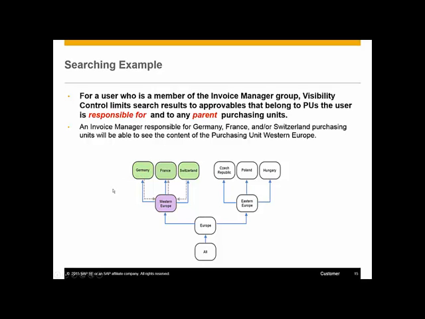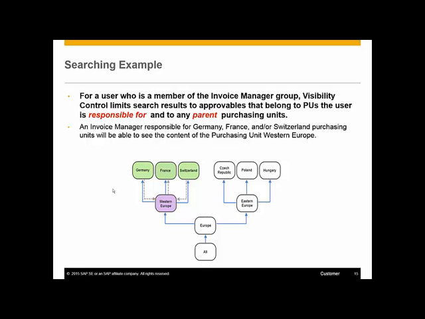This is an example of a purchasing unit hierarchy. If we have visibility control turned on, it will limit search results to items that belong to the purchasing units the user is responsible for, and also to any parent purchasing units.